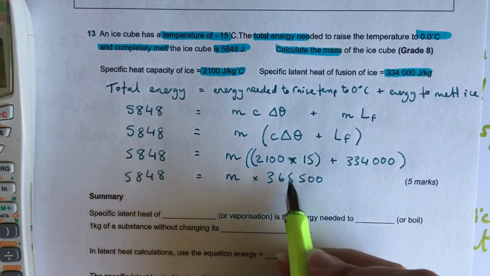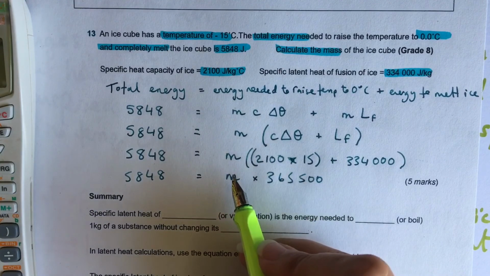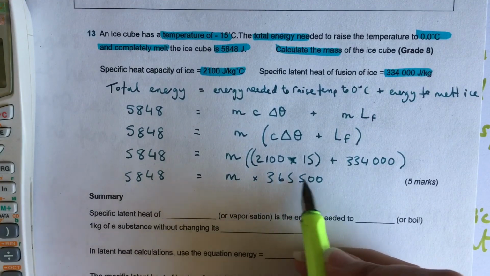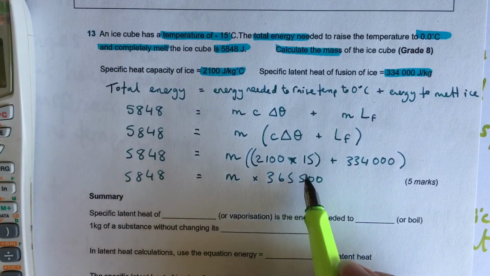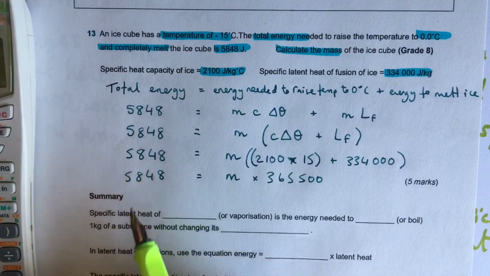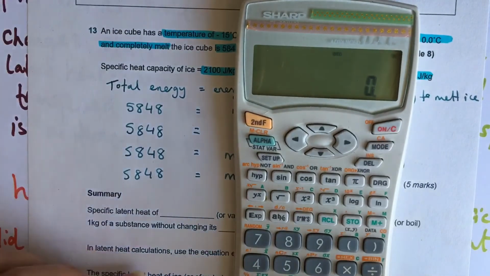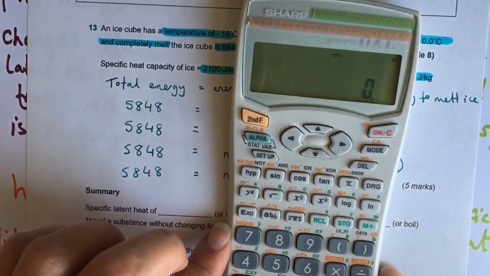We've got m times this number, and we want m by itself, so we're going to divide by this number. If we do that to this side, then we need to do that to this side as well. So I don't really have space to do it here, so I'm just going to do it on my calculator.